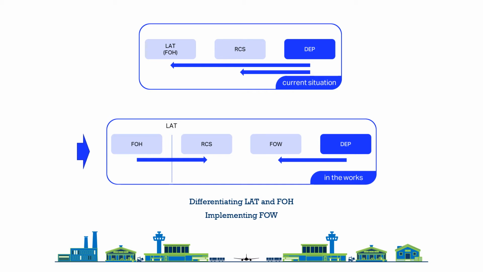FOW could be planned in the future using the departure of the aircraft as an anchor, because in this case that could make sense operationally. There should be some slack time between RCS and FOW for warehouse activities, which would also need to be considered in the planning of the overall process.